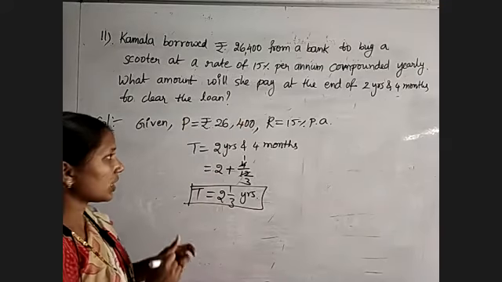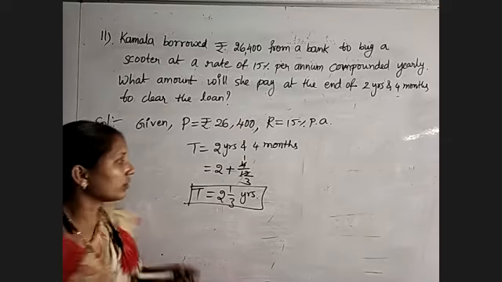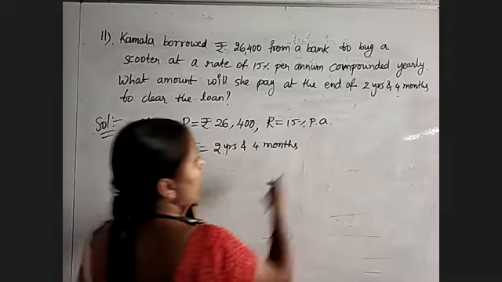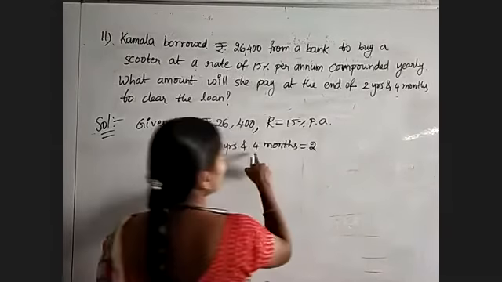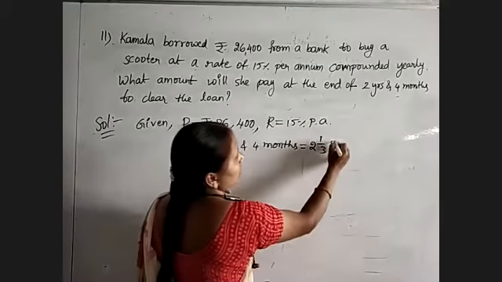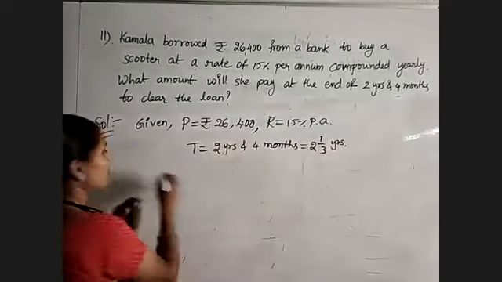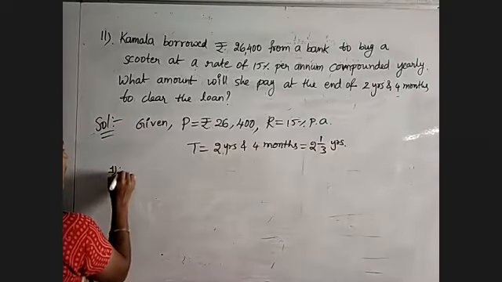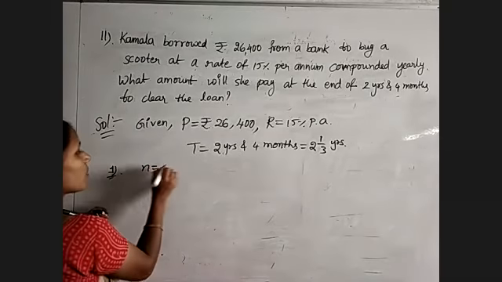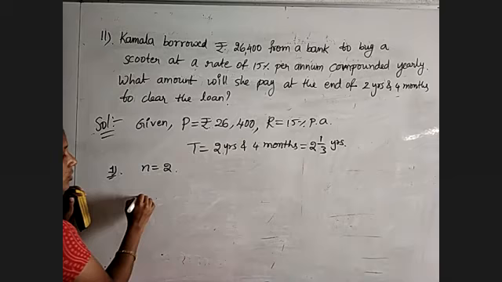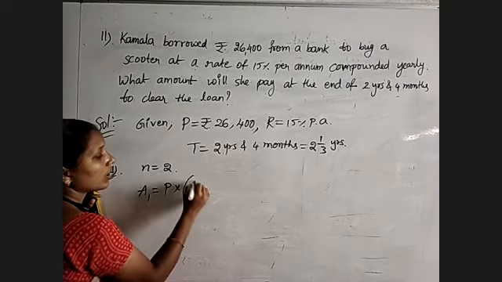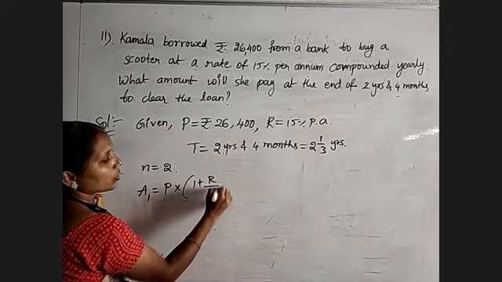So here T is equal to 2 years and 4 months. After the conversion, that is 2 plus 4 by 12, which is 1 by 3 years. First, we take the whole number, n equal to 2. By taking n equal to 2, the compound amount we find using the formula P into 1 plus R by 100 whole to the power of n.